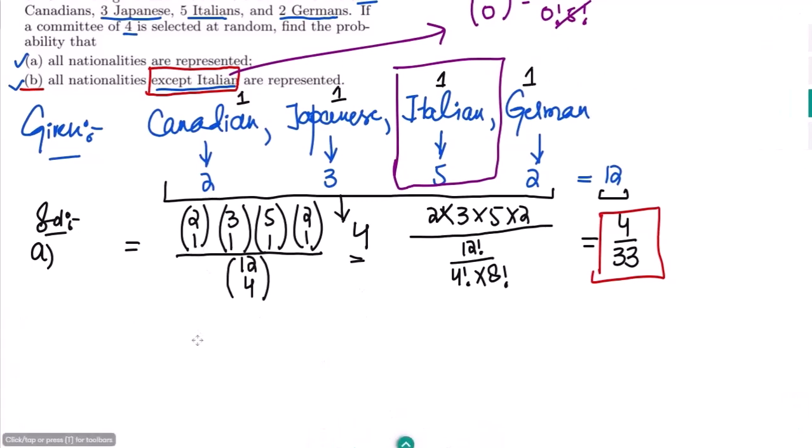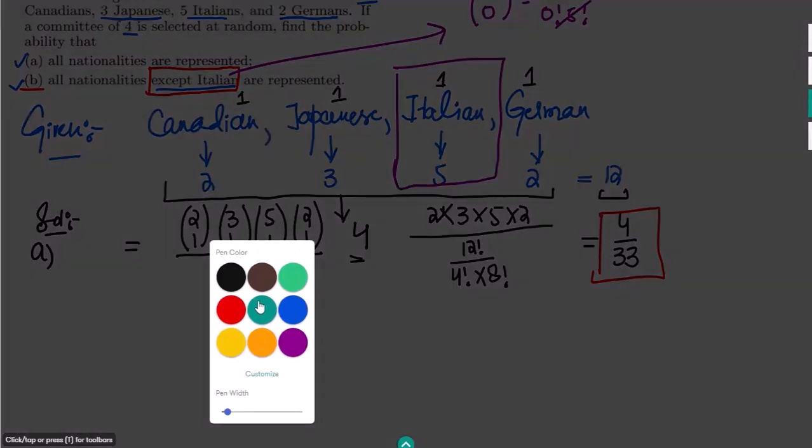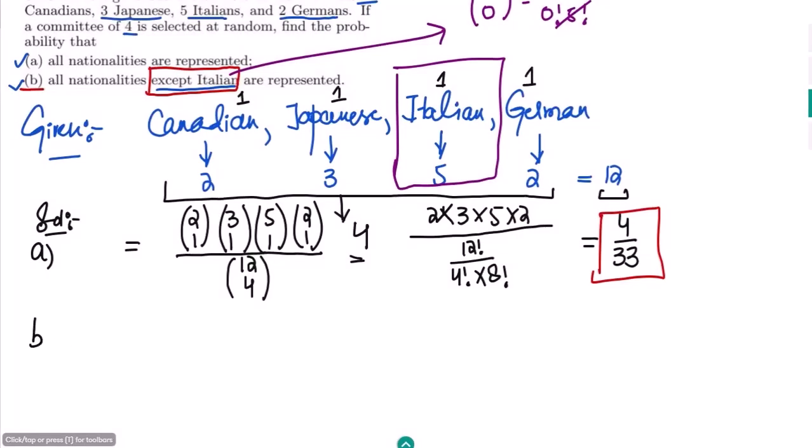Here we have all of these items, and this is the B. In selecting the remaining items, from Italian I have to select 0, and then we will have Canadian, Japanese, and Germans.